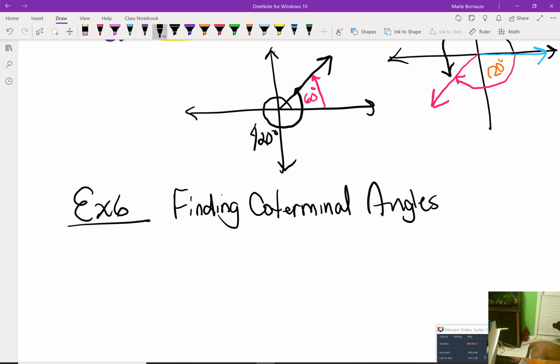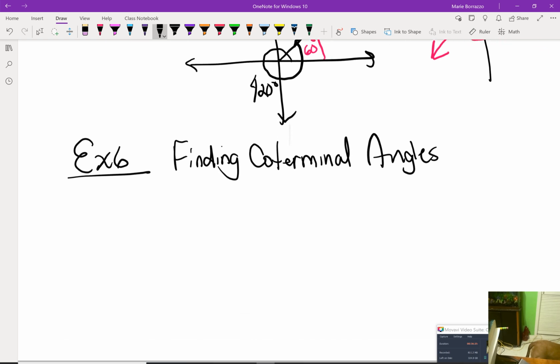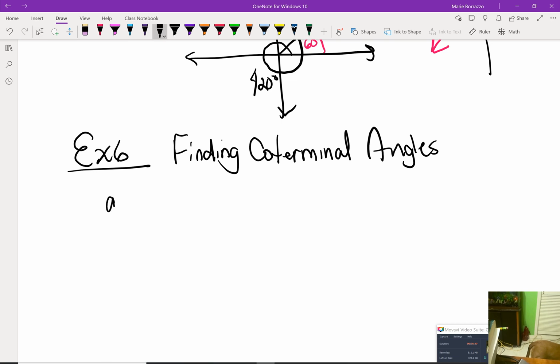When you do your homework, take your time on it, draw your pictures. Let me start with part A, 17 pi over 6. They say assume the following angles are in standard position. Find a positive angle less than 2 pi that is coterminal with each of the following.